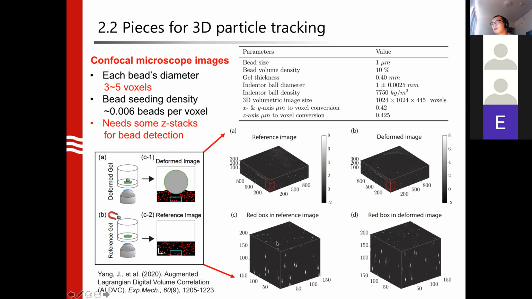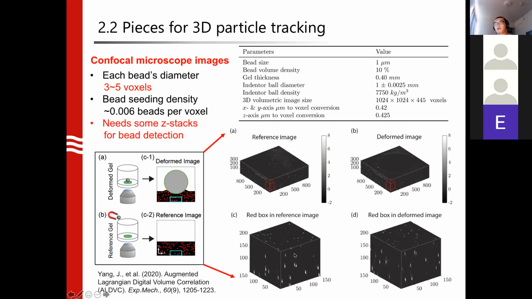Also, if the particle density is too low, you may not have many particles there, so you also lose measurement spatial resolution. But if you have too many particles, because of the lighting effects, the particle images may overlap, so there are issues there too. Finally, your images should look like what I showed here, from experimental images.